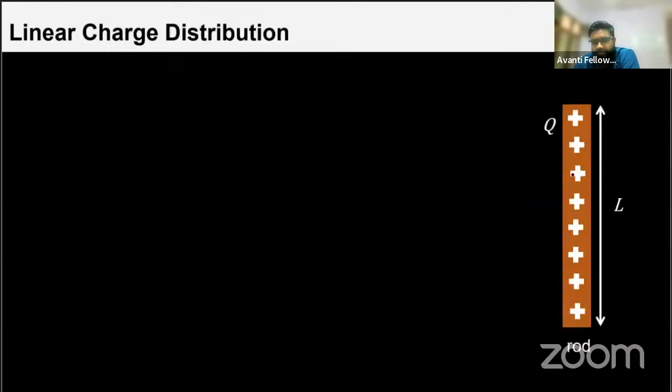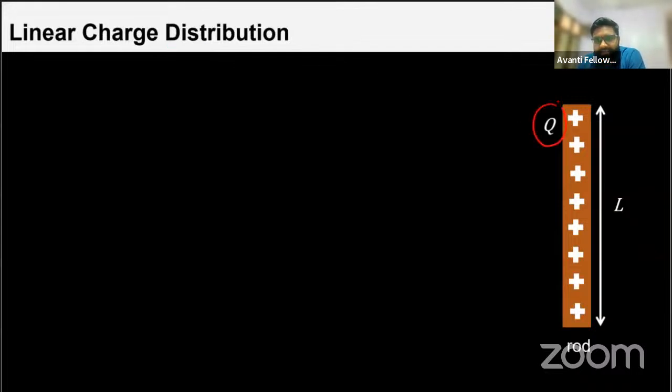Now the linear charge distribution you can see here. This is a rod. Positive charge Q is distributed to it, and it will uniformly spread over this rod, and this rod has a length L. So what total charge have we given it?